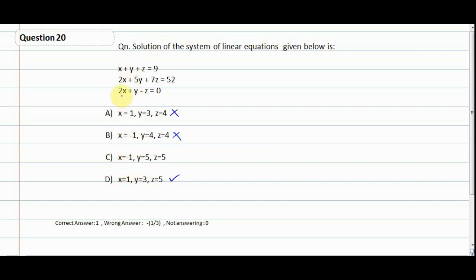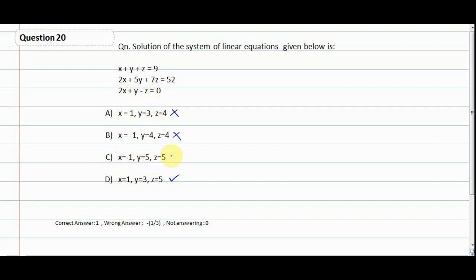Now consider the second simplest equation, that is equation number 3, 2x plus y minus z equal to 0. When you substitute values of x, y and z given by option C in this equation, what we get is minus 2 plus 5 minus 5, so we get minus 2 as the answer, not 0.